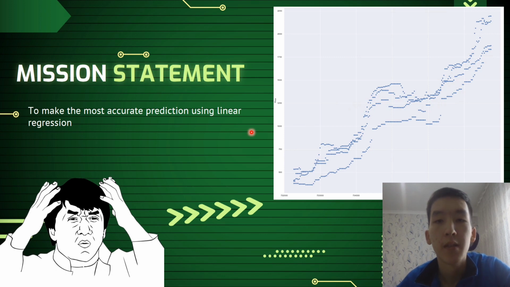Many people say that food has become very expensive, especially meat. By drawing a scatter plot, we can understand obviously and visually that the price has gone up, and people feel that. But how much has it risen proportionally? And as I said earlier, for an accurate forecast, we need the help of linear regression.